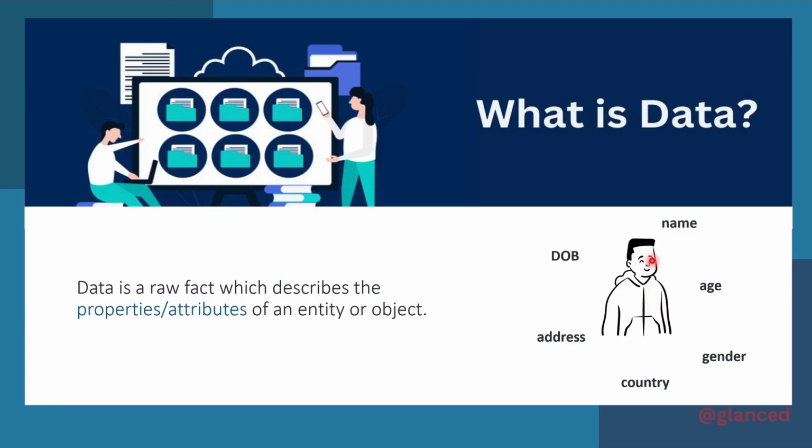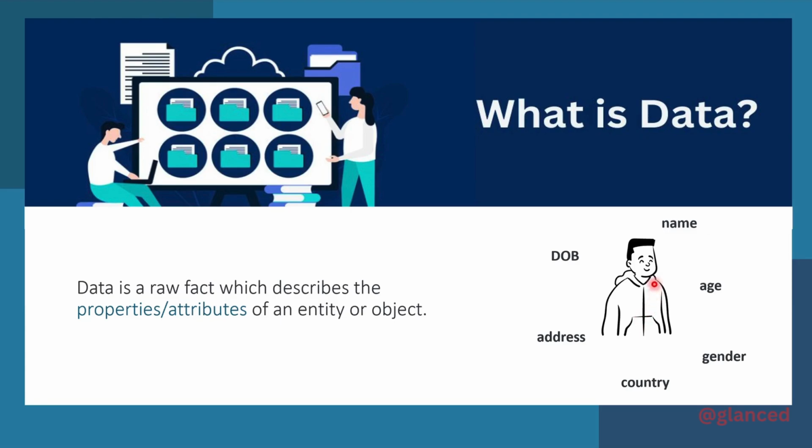That person has a name, age, gender, country, address, date of birth. All these things are nothing but the information about that person. But in technical terms, this date of birth, address, country, gender, age, name are known as properties or attributes.